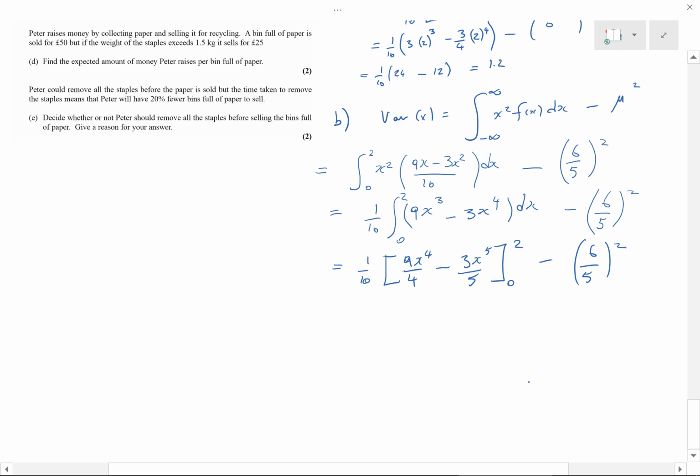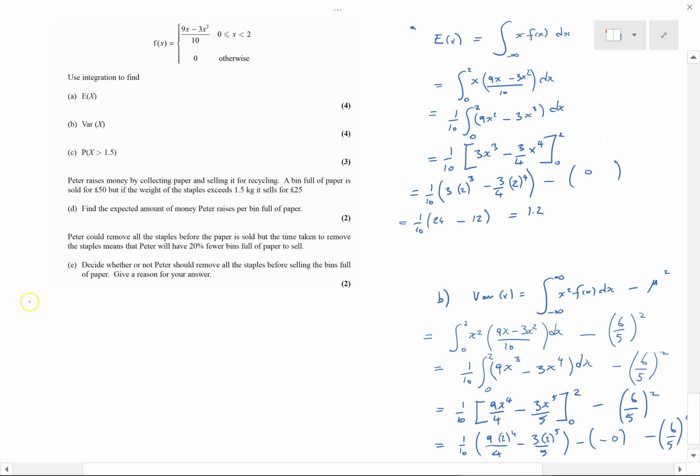Okay, when we work all that out and put in the limits, the first line is 9 times 2 to the 4 over 4 minus 3 times 2 to the 5 over 5, take away 0 again, take away 6 over 5 squared. That all comes to 0.24, which will be the answer. That's what we're looking for.